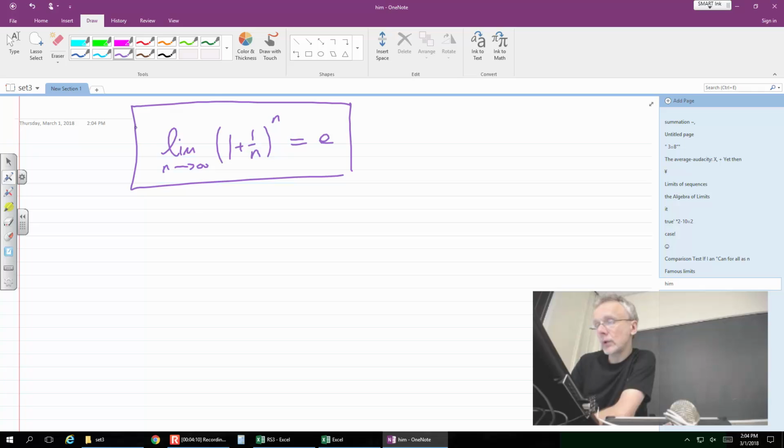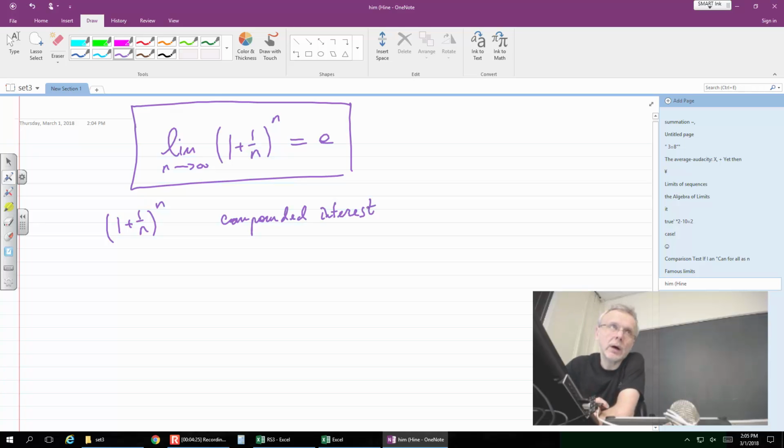So what is the meaning of that expression, 1 plus 1 over n? It is in fact a compounded interest formula, when compounding is happening over the same period of time, but multiple times.